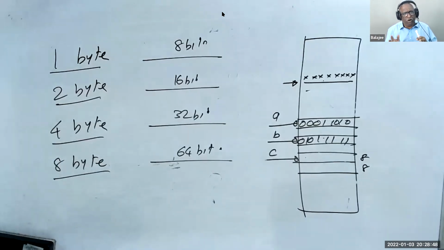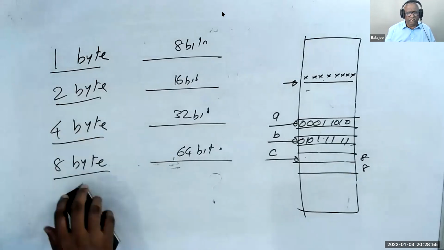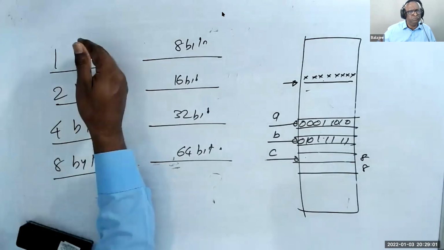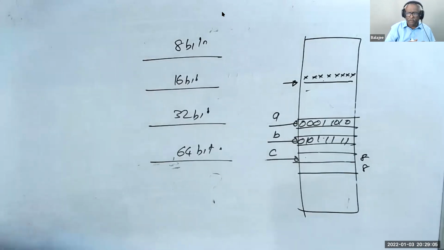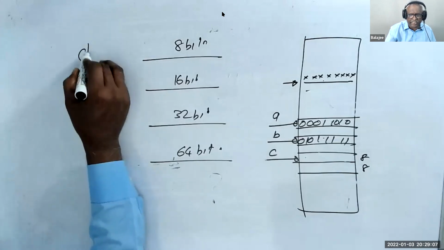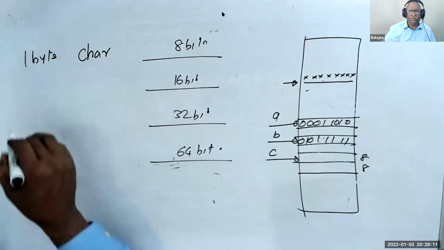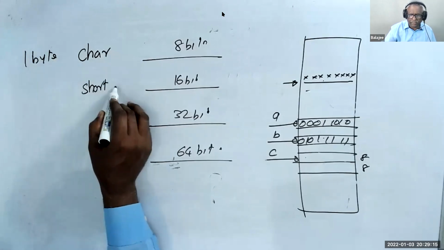Okay, there's a small confusion here. The confusion was this. Unfortunately, our man Dennis Ritchie thought this may confuse people. So he has given different names. He called this char, 1 byte. And the next one, he called short integer.